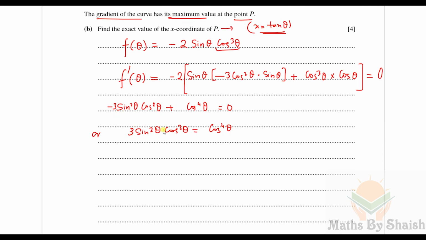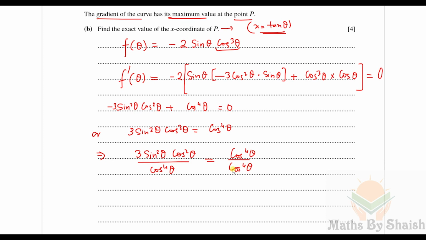Now we'll divide the whole equation by cos square theta, so we'll get 3 sin square theta cos square theta upon cos power 4 theta is equal to cos power 4 theta upon cos power 4 theta.